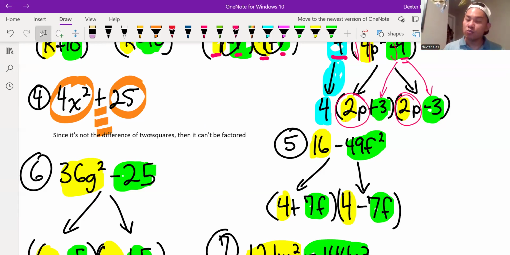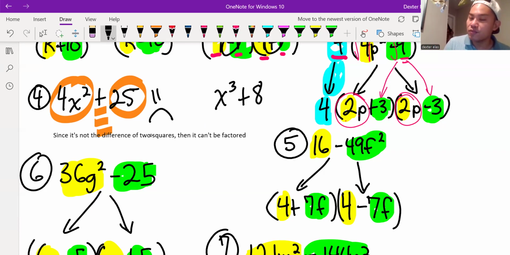So I want to make a small differentiation here. If it was the addition of two squares, this is no bueno, can't do anything. But if it was the addition of two cubes, like this, for example, you can do something, and we're going to discuss that in literally the next section after the test.